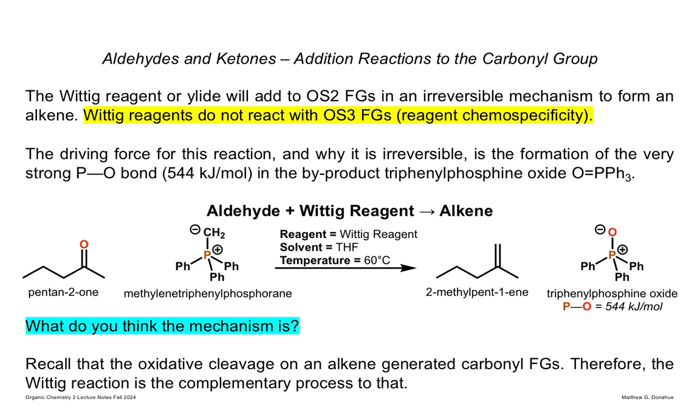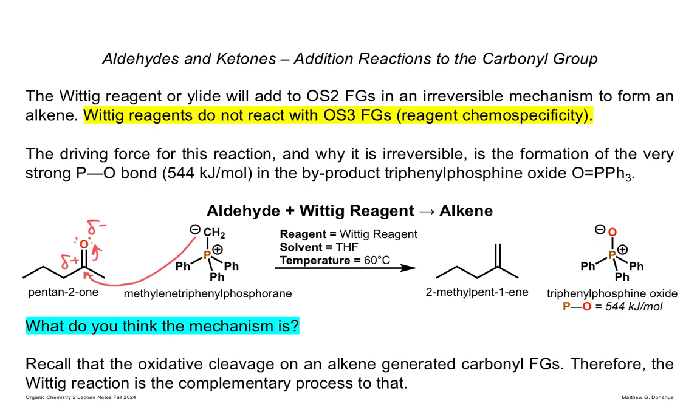And so the actual reaction after you make the Wittig reagent, that negative charge will attack the carbonyl carbon. A rearrangement occurs. I'll try to draw that on the next slide.